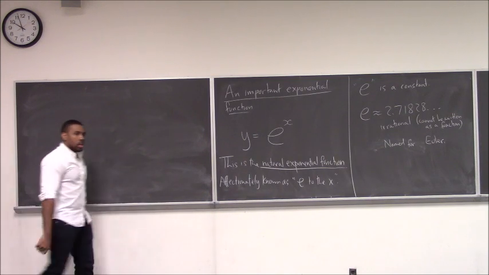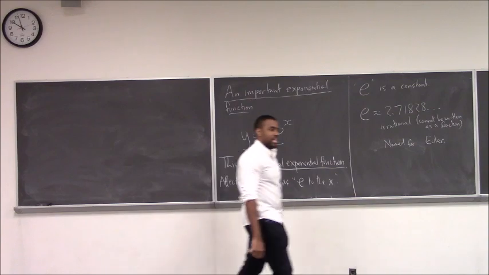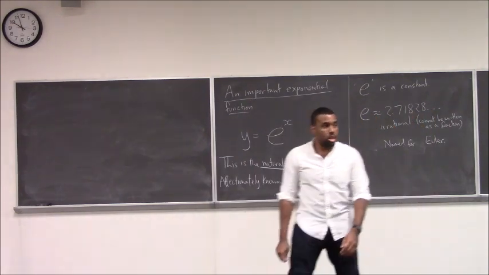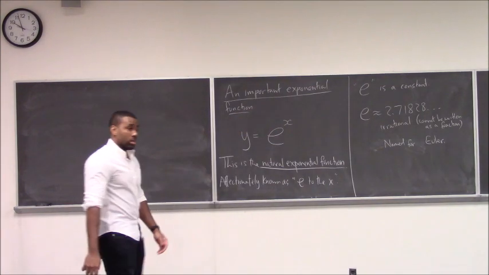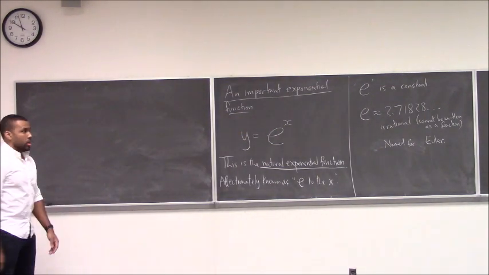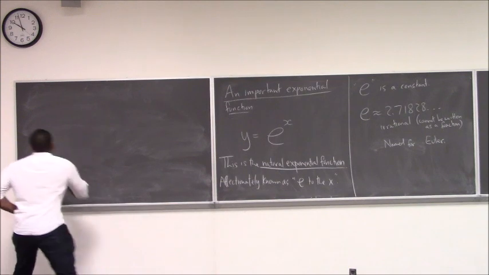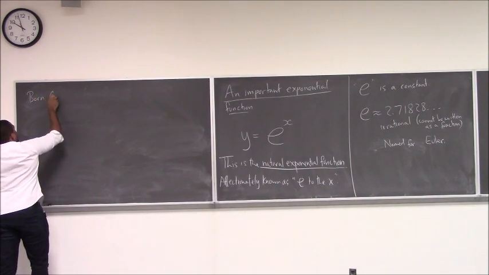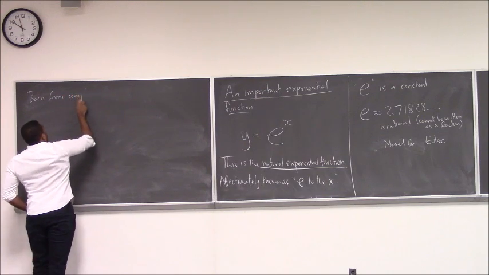If you put $1 in such an account, how much money will you have at the end of the year? This happens to be the answer. If you put $1 in such an account, at the end of the year, you'll have $2.72 roughly. And so that's how it was born from compound interest.